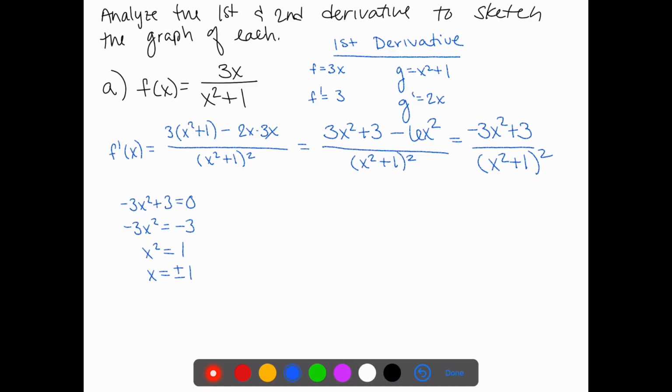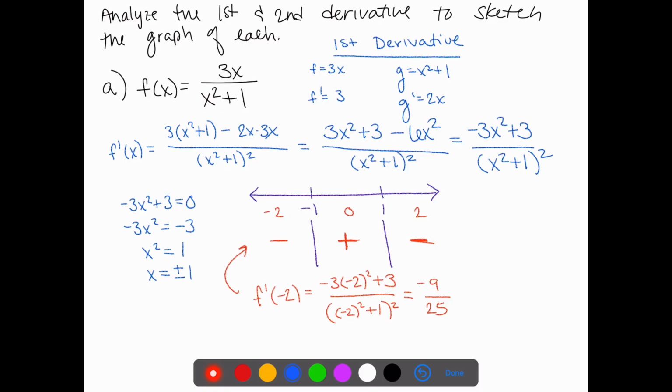So let's set the top, minus 3x squared plus 3, equal to 0. Then we can solve for x. So I subtract the 3, divide by negative 3. That gave me x squared equals 1. I take the square root, don't forget the plus or minus. So x equals plus or minus 1 are my critical numbers.